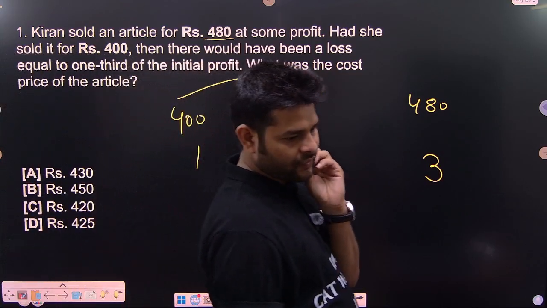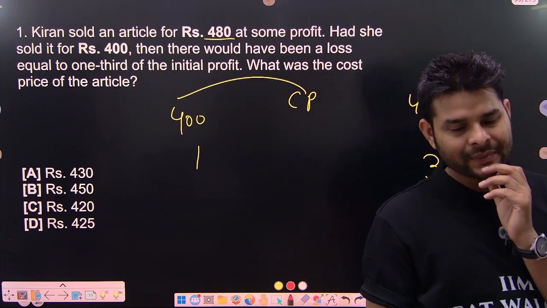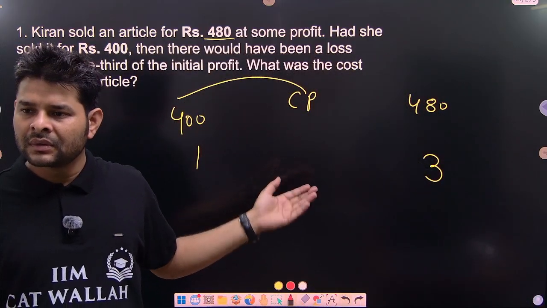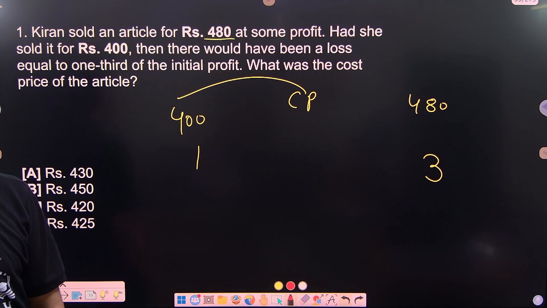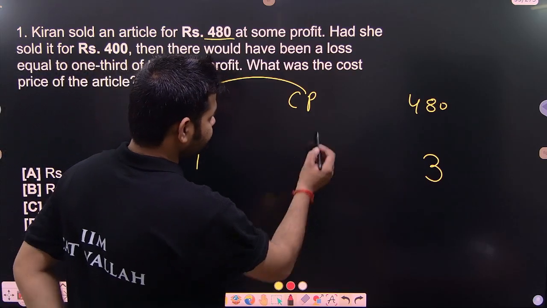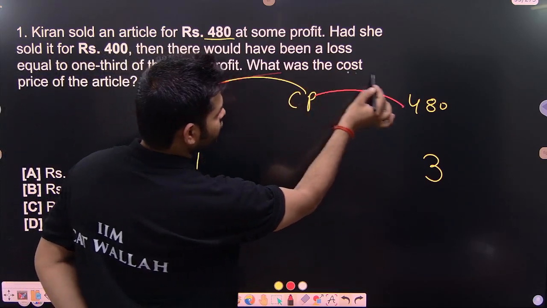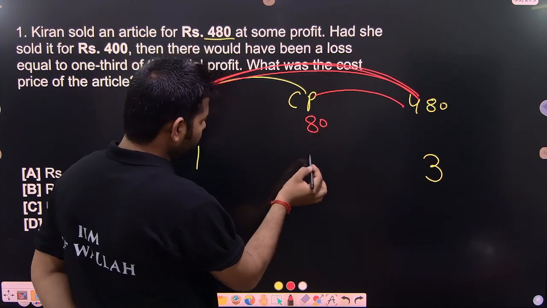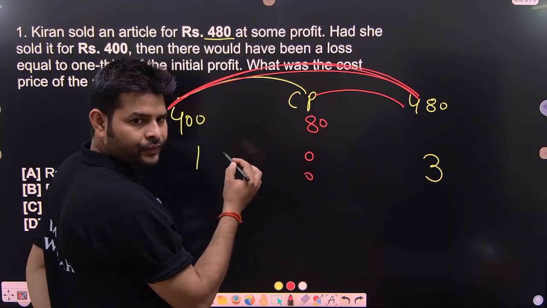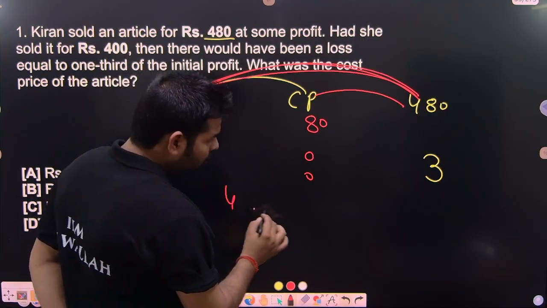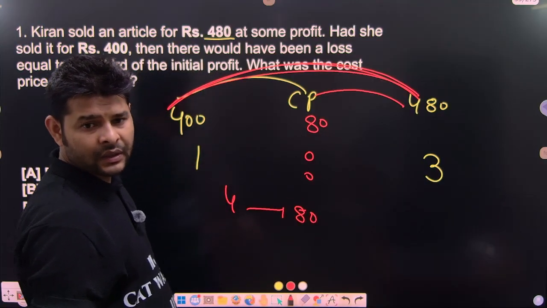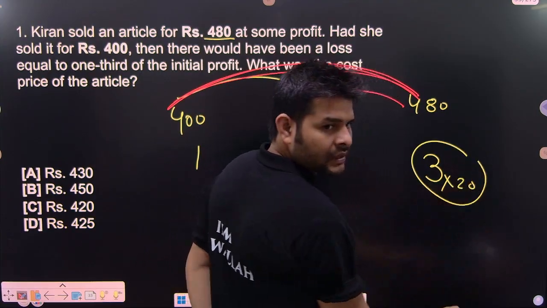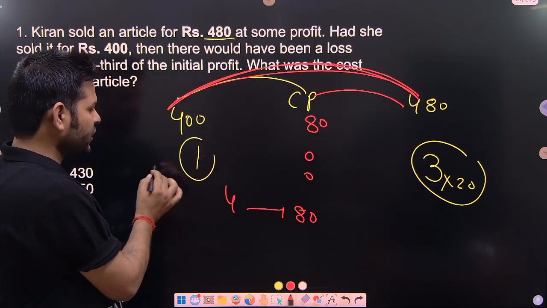I don't know which method you have applied. The real method that I have explained is the same method that we have applied over here. The step is you need to take the difference from here to here. That would be 80. Now that 80 you need to divide in 1:3. So 4 units value would be 80, 1 unit value would be 20. So here the profit is 60 and here 1 unit is the loss, which means 20 is the loss.